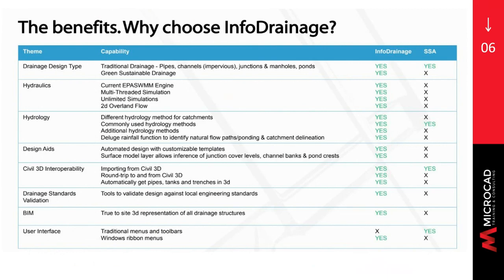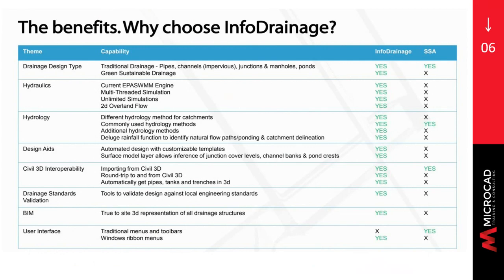So even though storm and sanitary analysis will use SWMM 5, it only takes advantage of those features that it supports, right? So impervious surfaces, basically, and structures. So any of the more modern features that are in the EPA SWMM engine are basically ignored by SSA. So it can use the latest version, but it can't use all the features available in that.